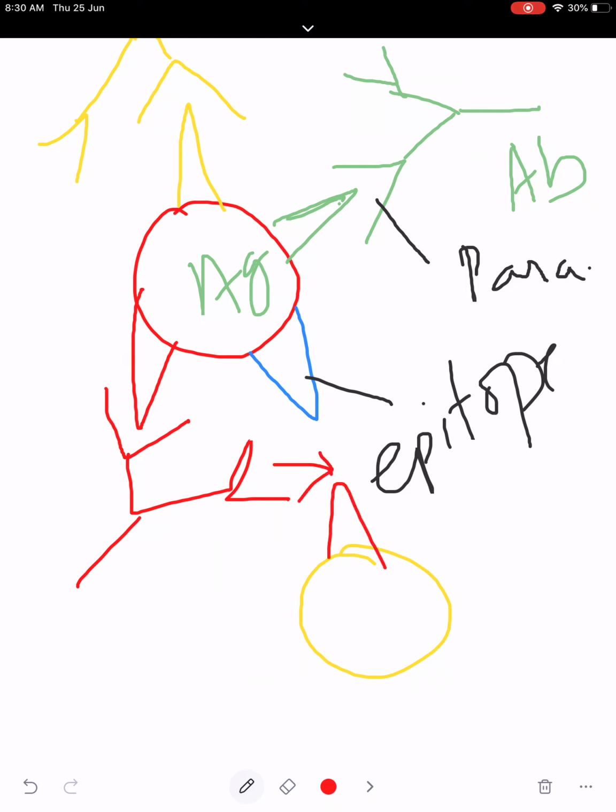So a single antibody at a time can bind with two different antigens. Likewise, if there are many antigens and many antibodies, they join with each other, forming a lattice-like structure, or a meshwork-like structure.